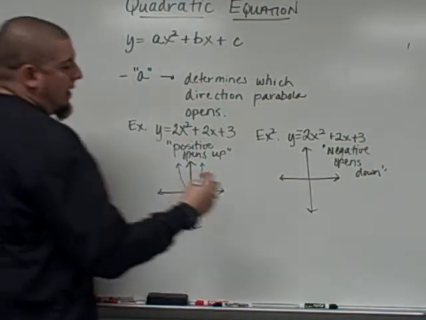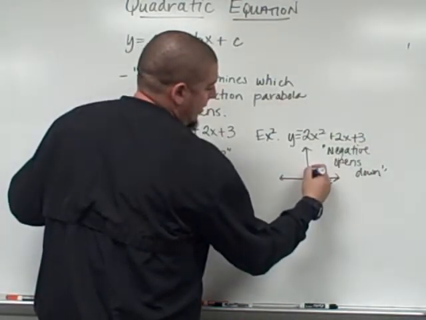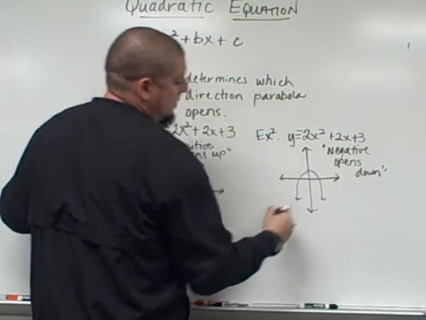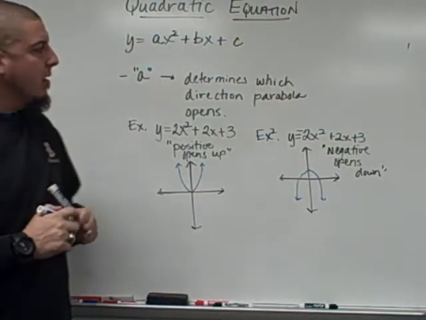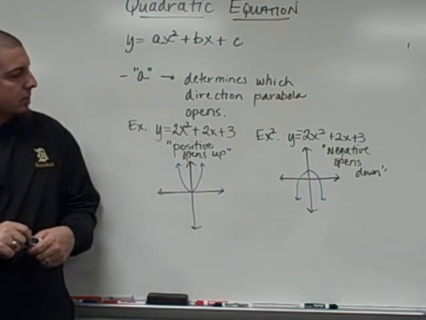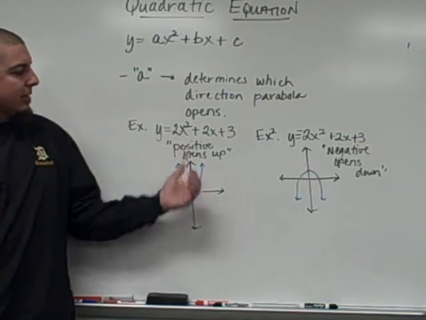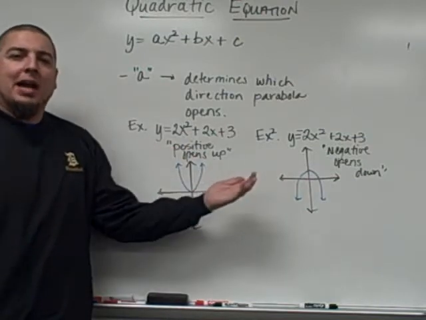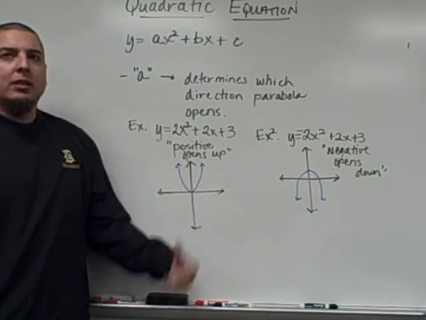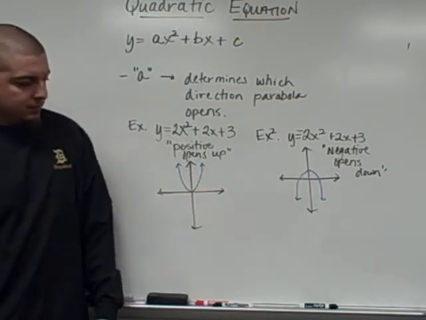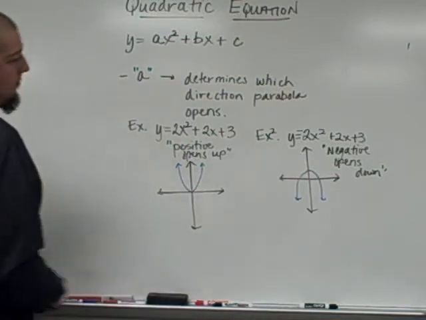So it may look something like this. So positive, it opens up. Negative, it opens down. Remember, nothing creates the backward C or the regular C because that would not be a function anymore.